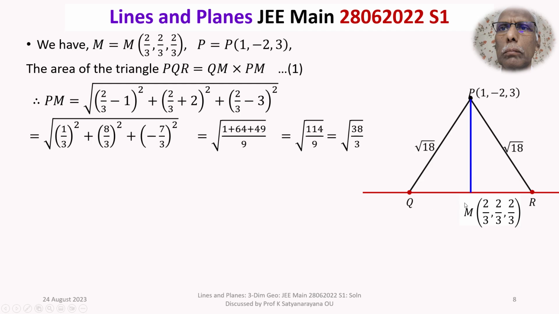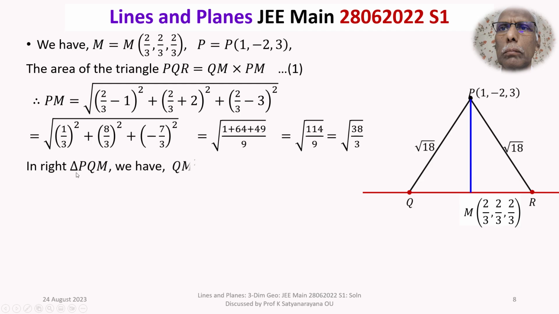And to find QM, we use Pythagoras theorem. For that we consider the right angle triangle PQM, and then the hypotenuse PQ square is equal to QM square plus PM square. And if you want QM square, then it will be PQ square minus PM square.